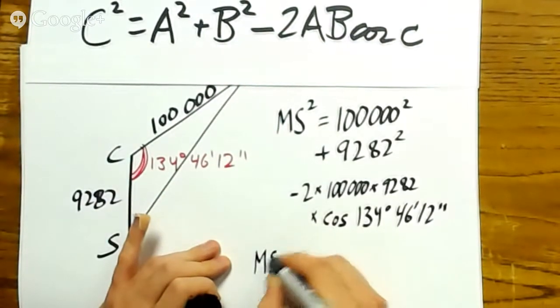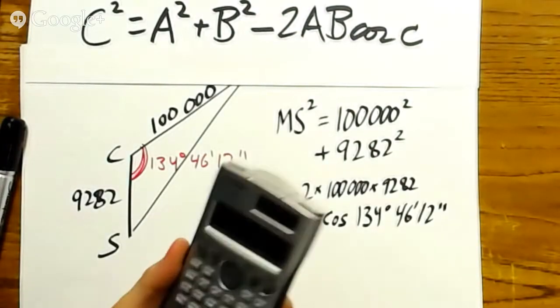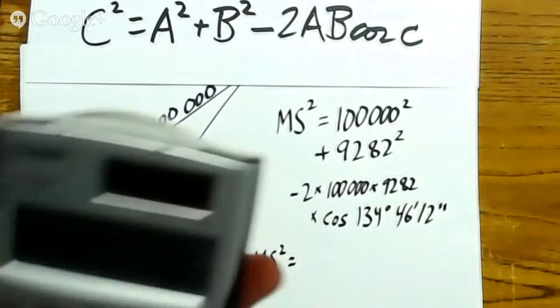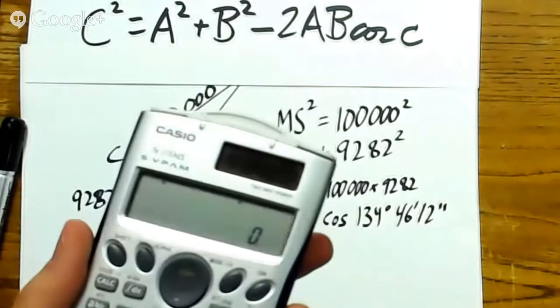So MS squared equals, and then you can basically put all those things right at once into a calculator.